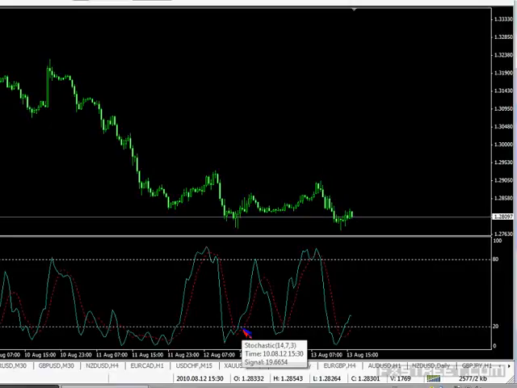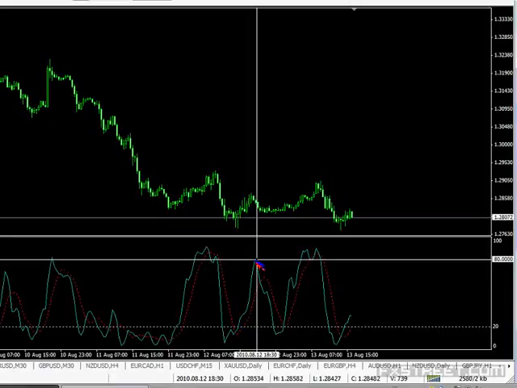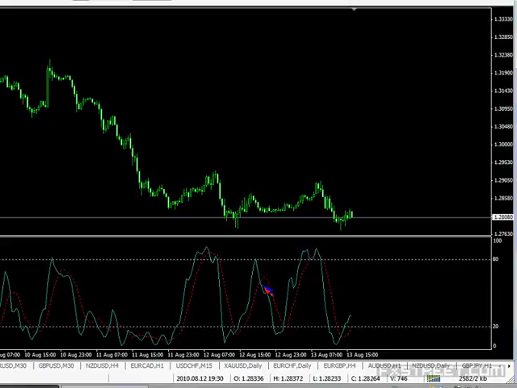See what happened here. See where the pair reached and why I prefer the 80 line. When we reach the height of that valley, the indicator starts retreating from that 80 level. That's telling me it's time to leave the trade.